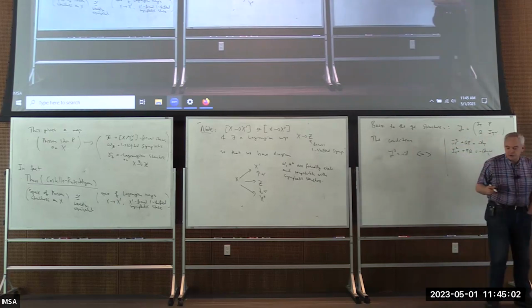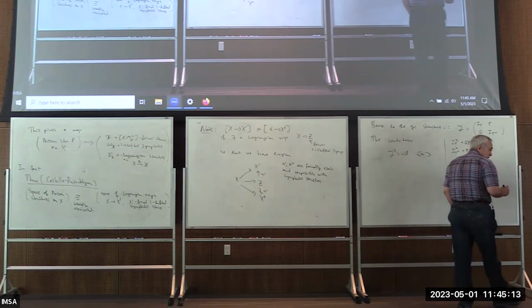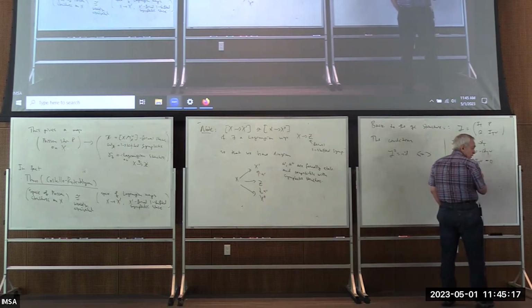And then there are two more conditions. P intertwines I and I check. And it also intertwines, Q intertwines I and I check.